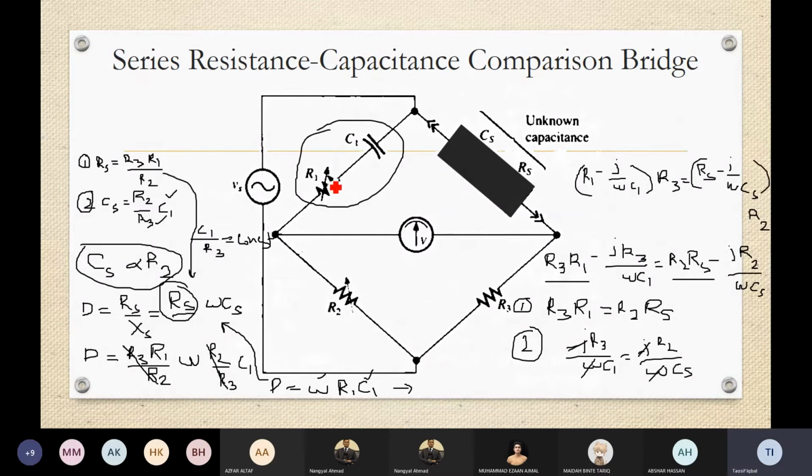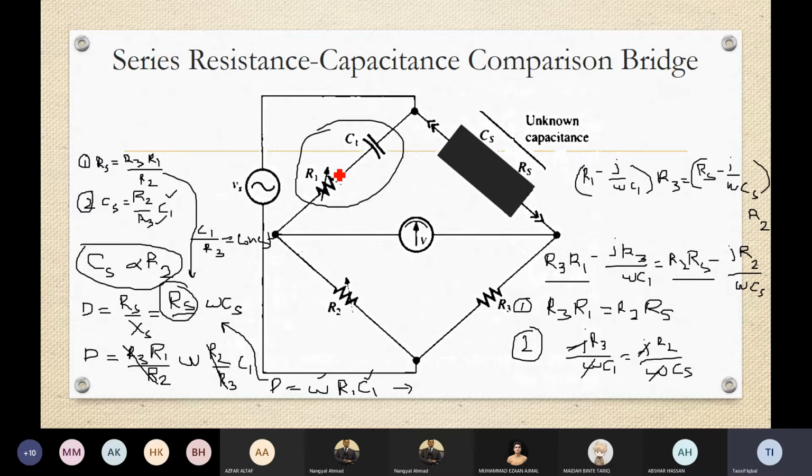Now in this series resistance capacitance comparison bridge, we have connected series and parallel capacitors, and a capacitor and variable resistor. And obviously this capacitor has to be a pure capacitor, so that it does not contain any parasitic resistance in series or in parallel.